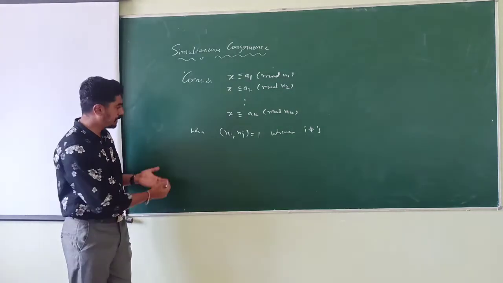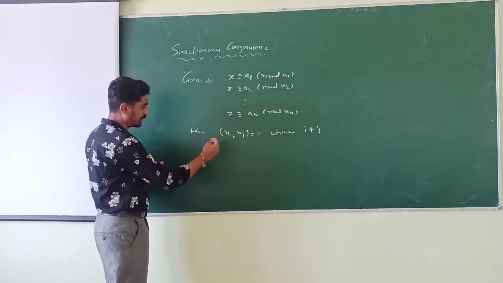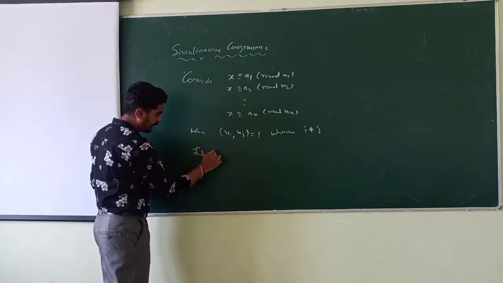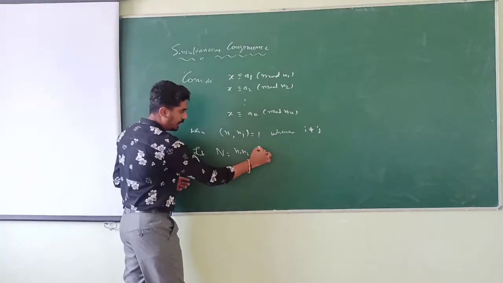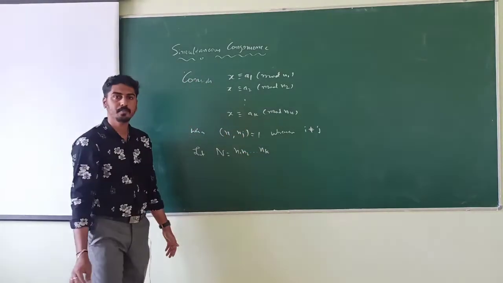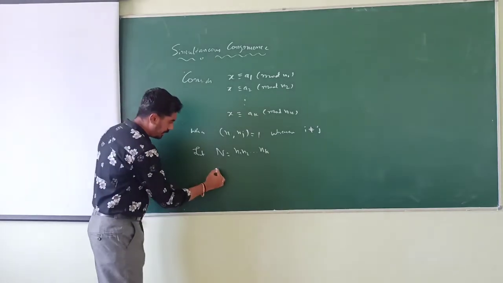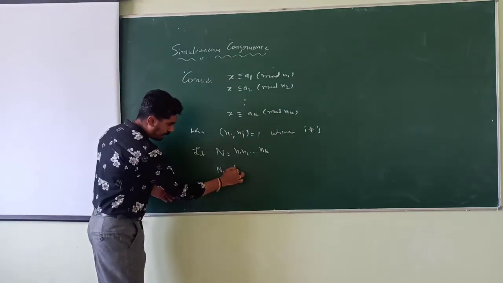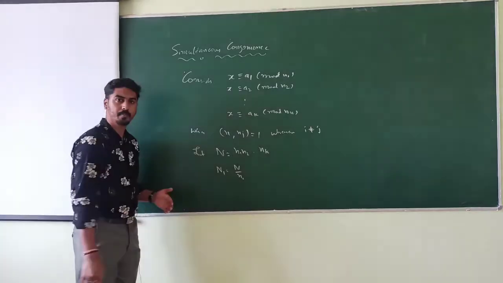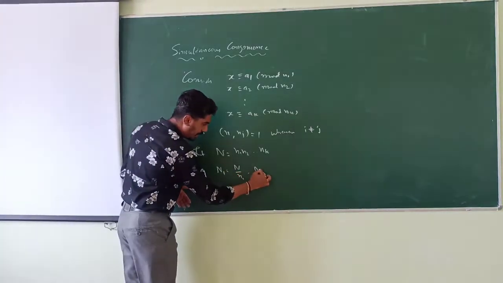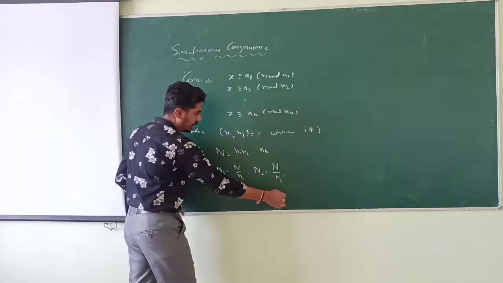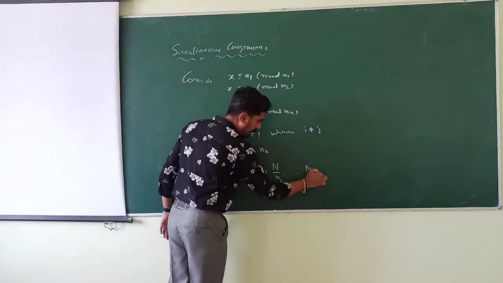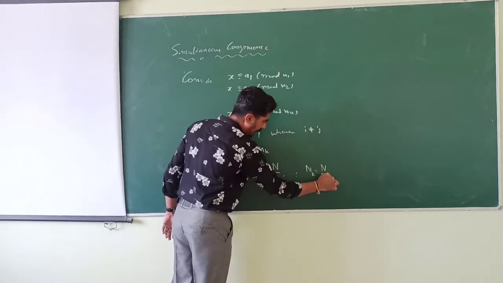First, we consider the product of n1, n2, up to nk. Let N be the product of n1, n2, and so on, nk. Let us define capital N1 as N by n1, capital N2 as N by n2, and so on, capital Nk as N by nk.